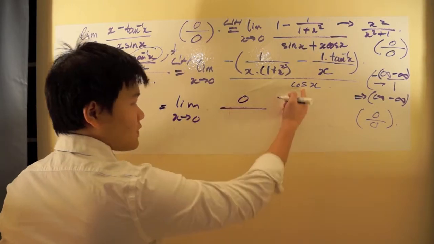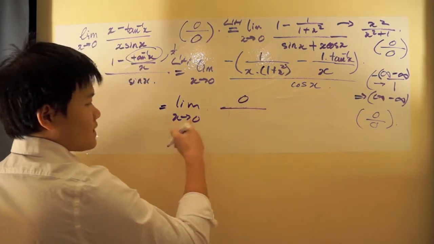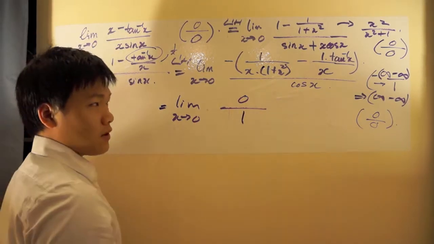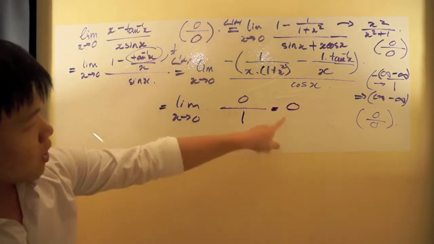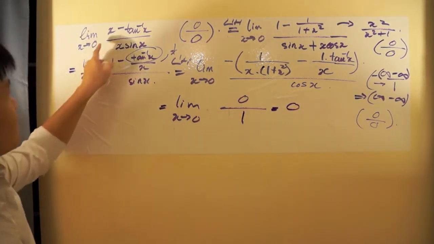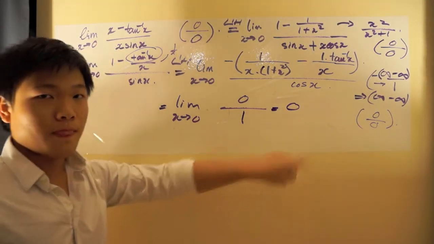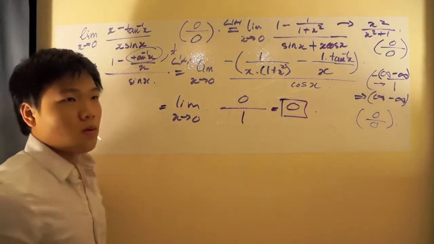So 0 over cosine x: as x approaches 0, cosine x approaches 1. So we have 0 over 1, which is 0. We trace back all the way to the original problem, and it turns out that the limit will equal 0. So there you have it, 0 is the answer.